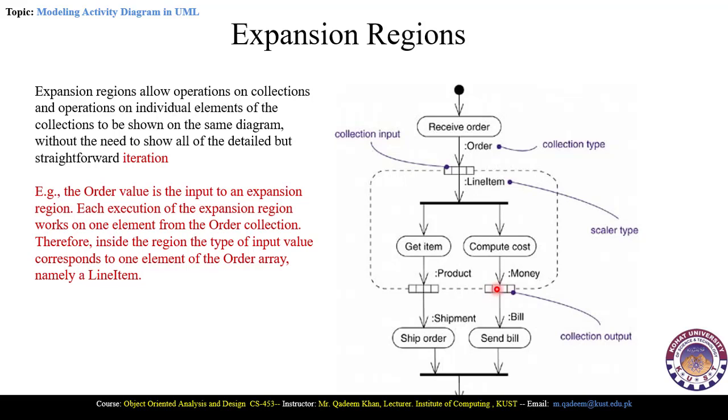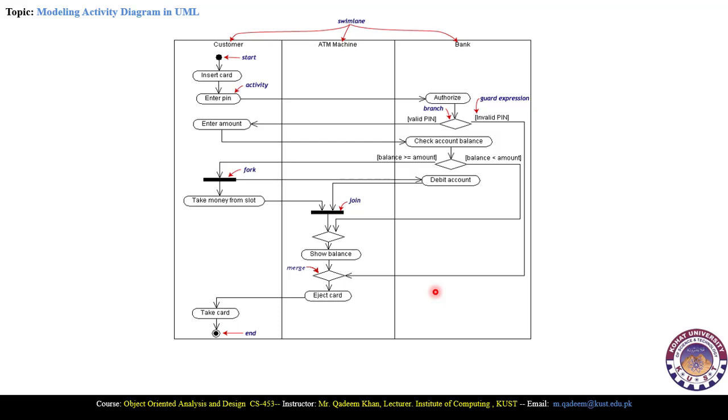So the expansion region represents that different orders are expanded here. Like here you can see that one or more orders are received. Similarly, one or more costs will be computed in the form of money, and also one or more products will be shipped. So shipment will be performed for one or more orders. So this is called the expansion region.